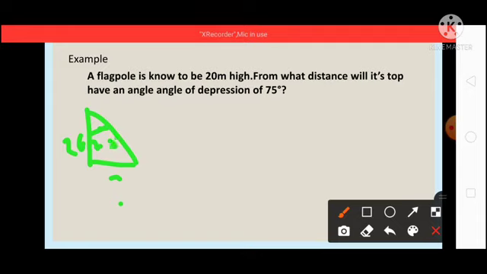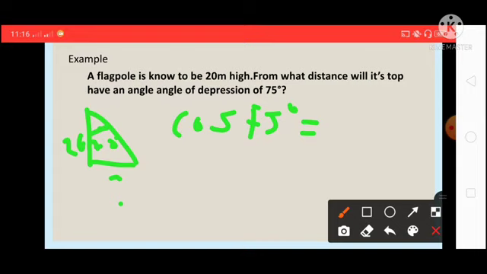75 degrees. So given that the 75 degrees opposite is the distance, we have to use SOHCAHTOA, the value of the cos. Cos 75 degrees is equal to the adjacent, which is unknown, over 20.